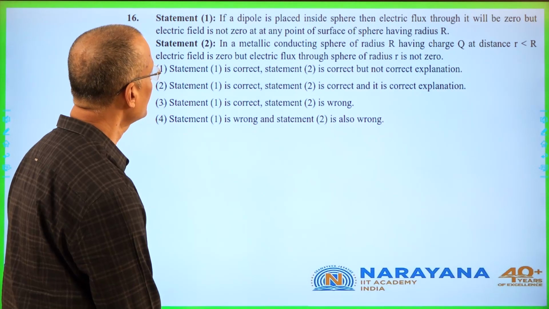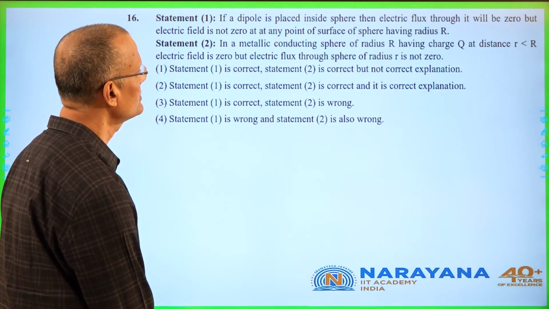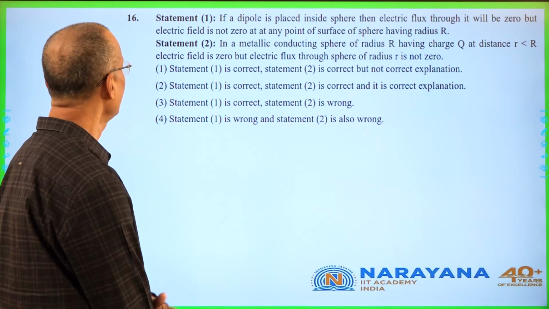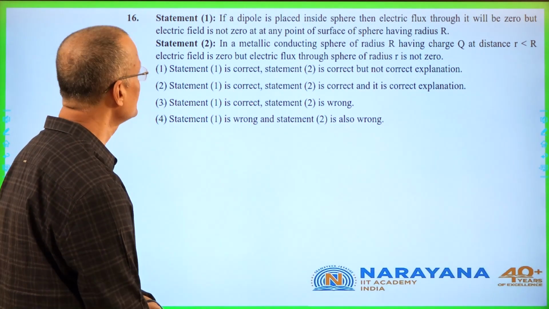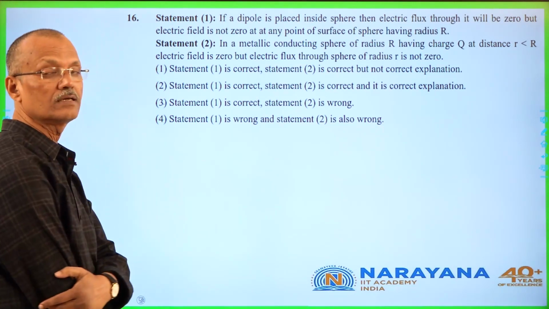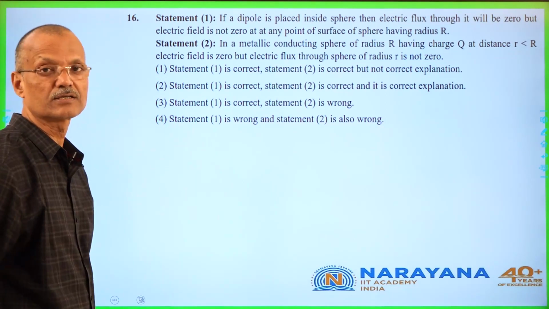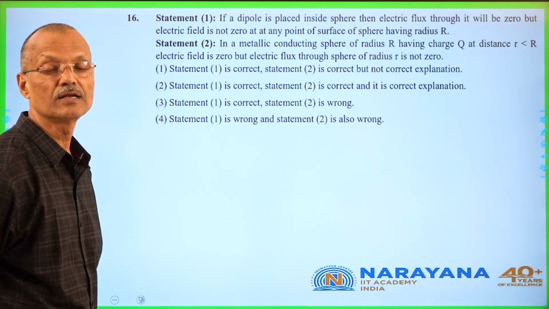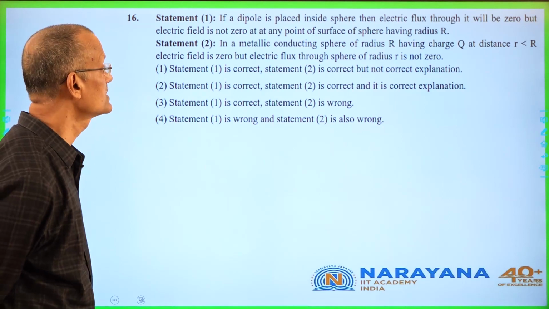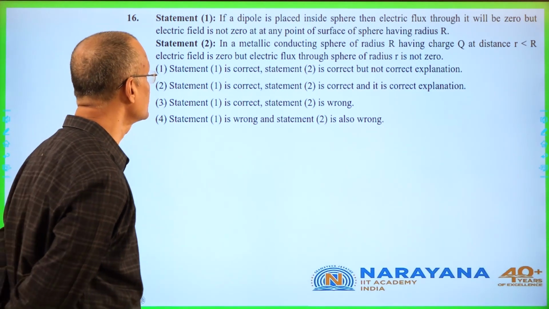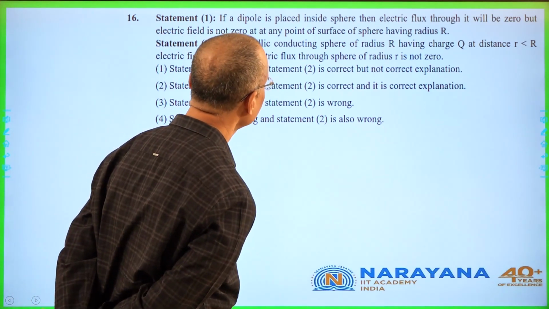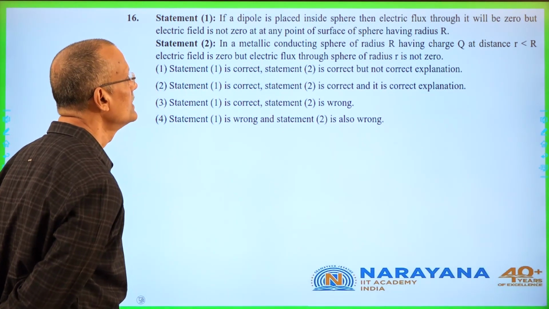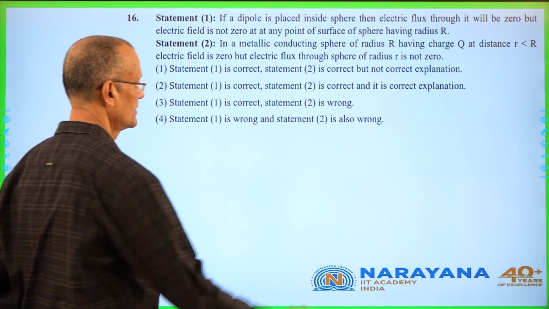In a metallic conducting sphere of radius r having charge q, at distance r less than the radius, electric field is 0. When you are taking a metallic conductor, you know that total charge will stay only on the surface. So inside, electric field is 0, but electric flux through a sphere of radius r is not 0? No, inside there is no charge.